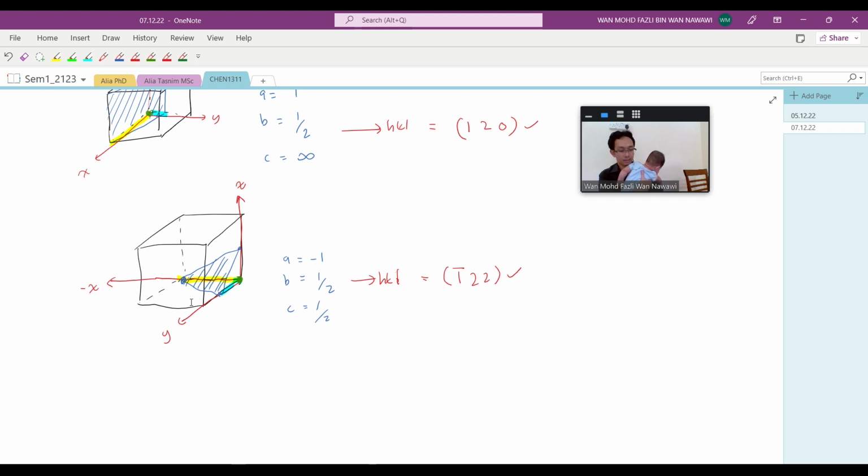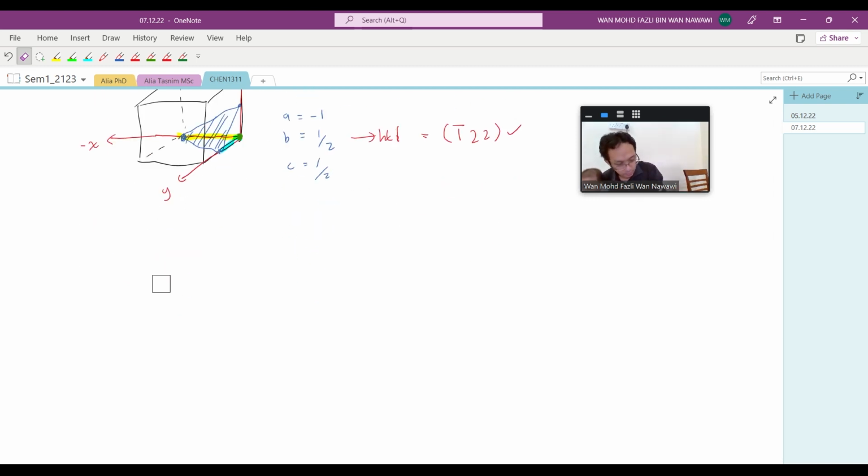So the plane here, let's say you have plane 2, 2, 2.